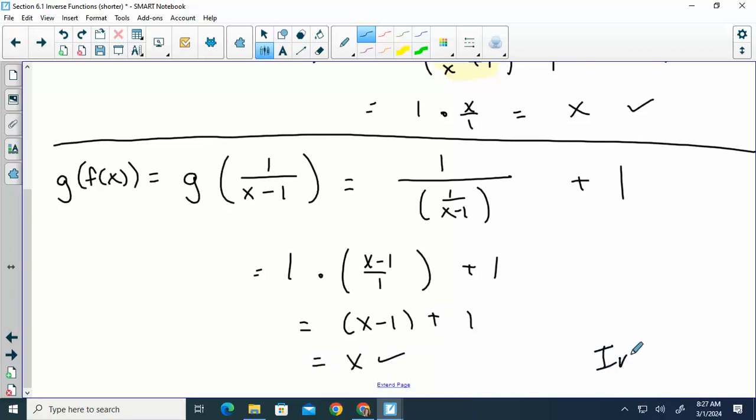So, since both are x, then our two functions are inverses. Any questions there?